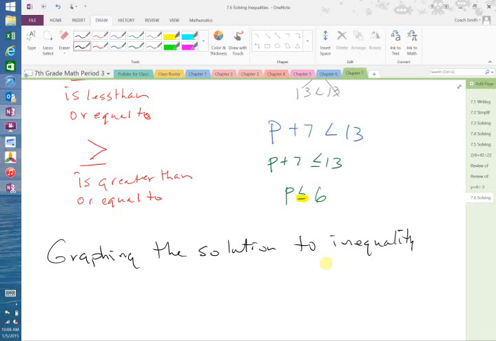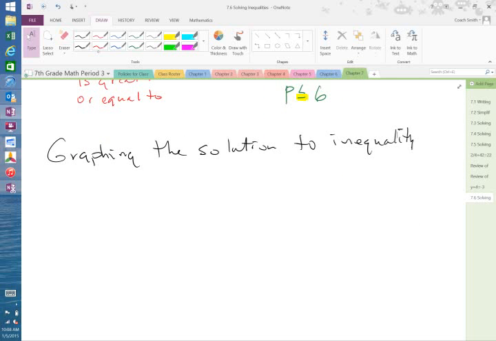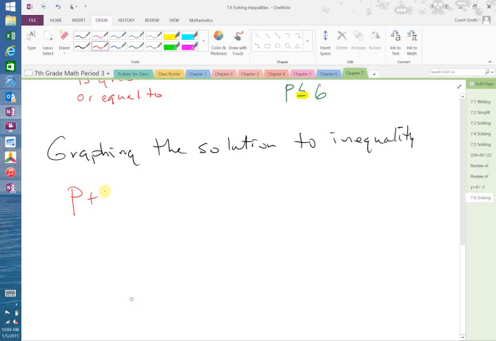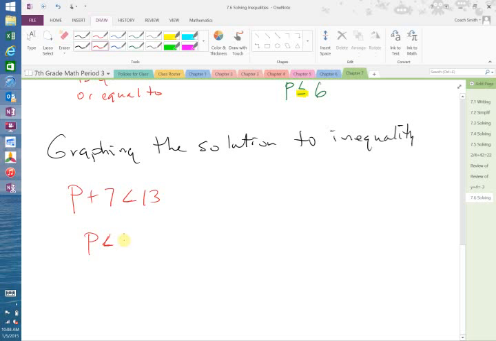All right, let's take the original inequality that we started with. P plus 7 is less than 13. We've already solved this inequality, and we know that p is less than, actually it's 7. Keep putting the wrong numbers there. Keep reversing my order. We already know that p is less than 6.